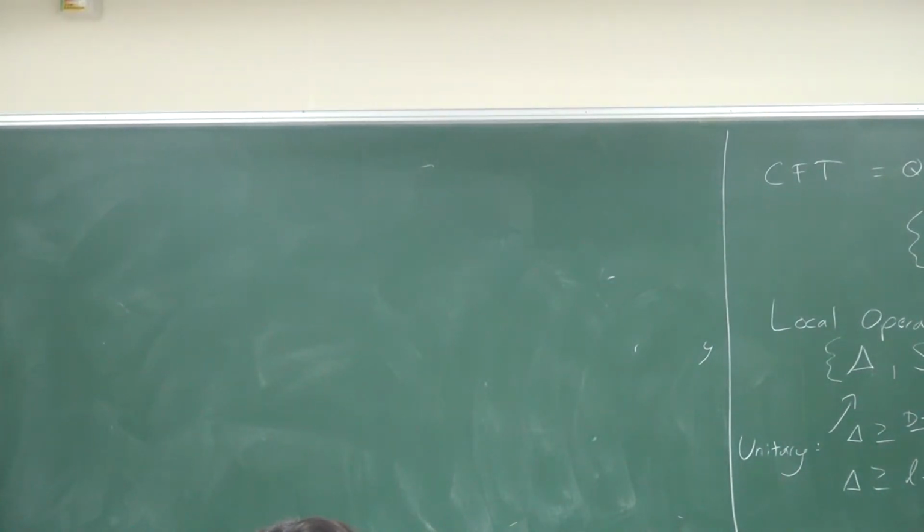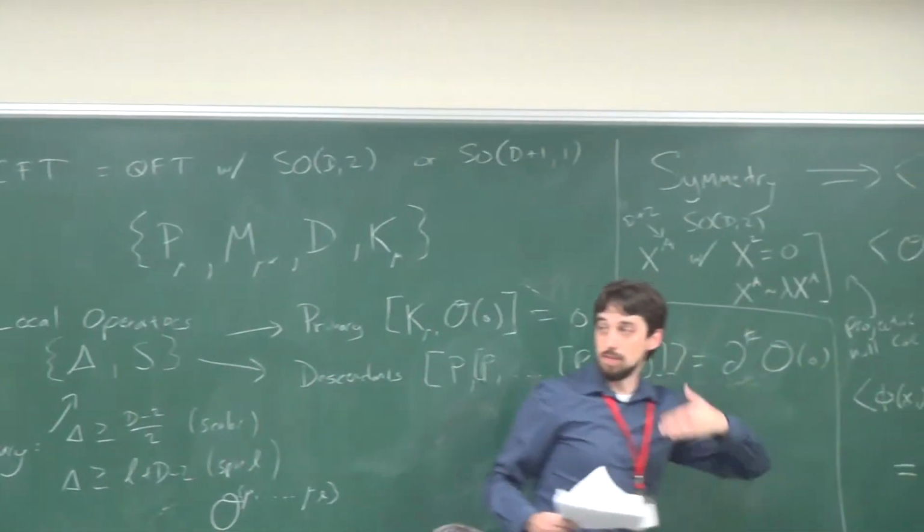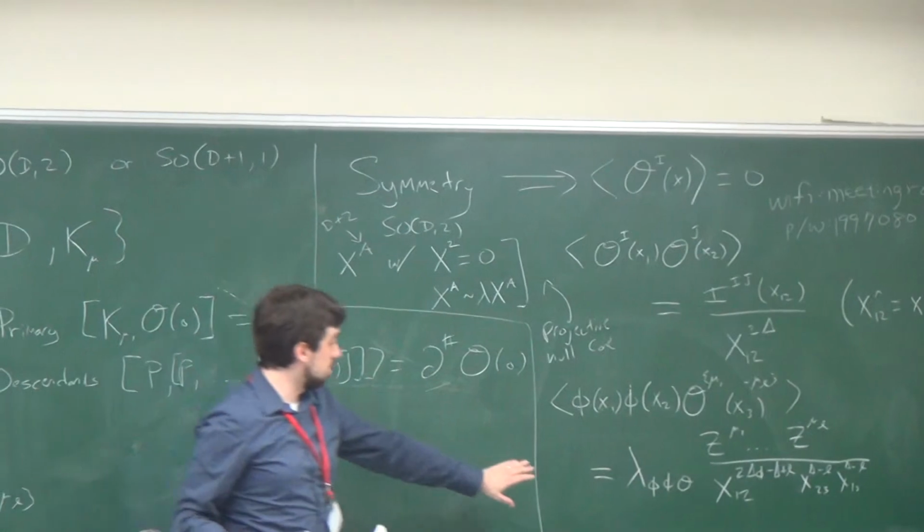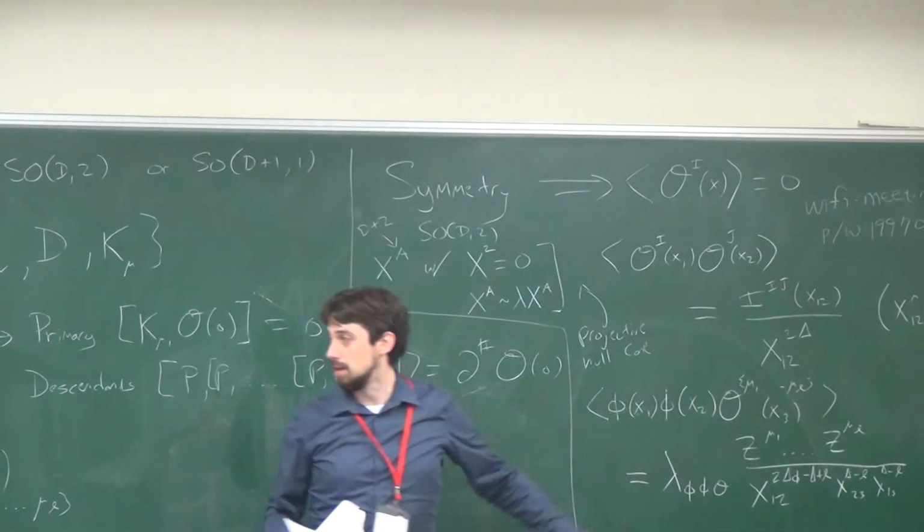In general, you can consider 3 operators, all with different spin quantum numbers, and then it's no longer the case that the form is completely determined. But for any set of 3 operators, you'll find some finite number of allowed tensor structures in the 3-point function, and each of those tensor structures comes with some undetermined coefficient.